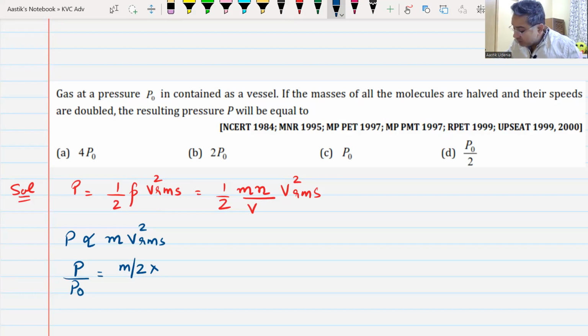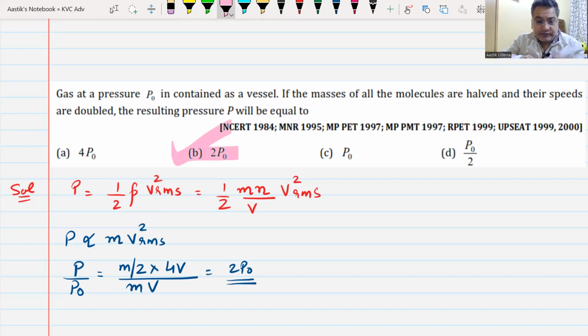Original velocity is v. It becomes 4v divided by m into v, and the answer is 2p naught. 2p naught is the answer. What did you get? 2 times p naught is the answer.